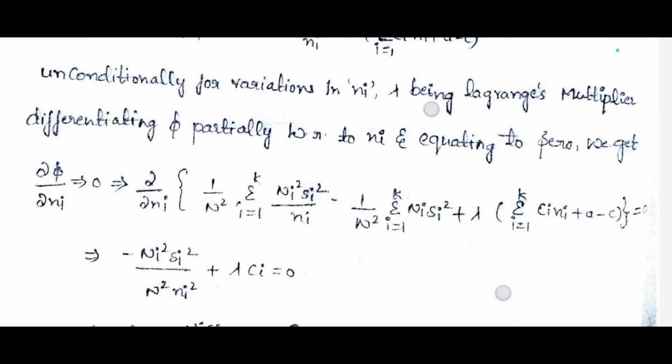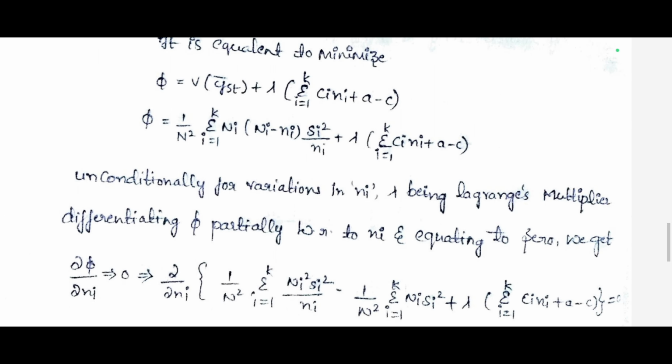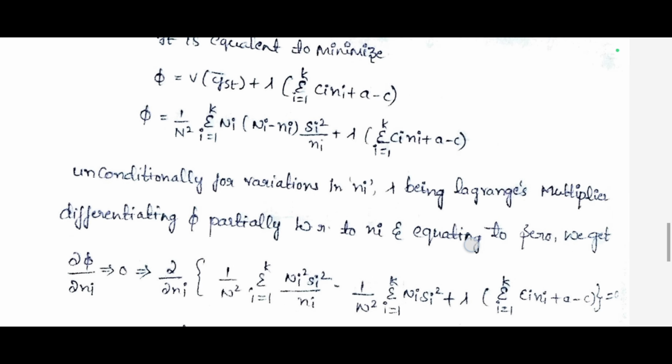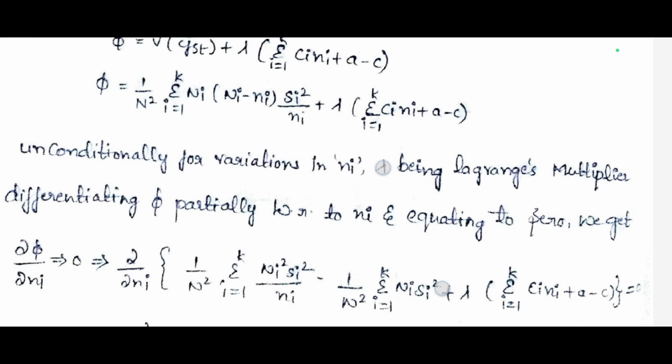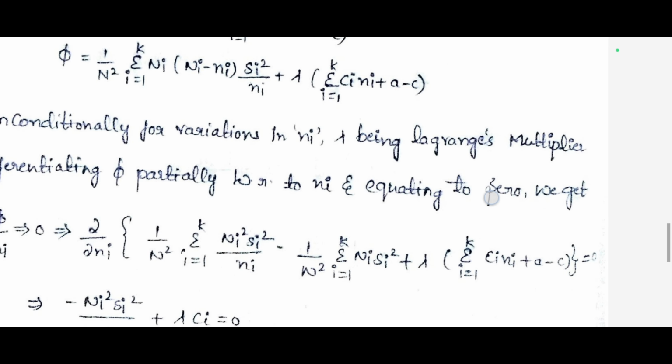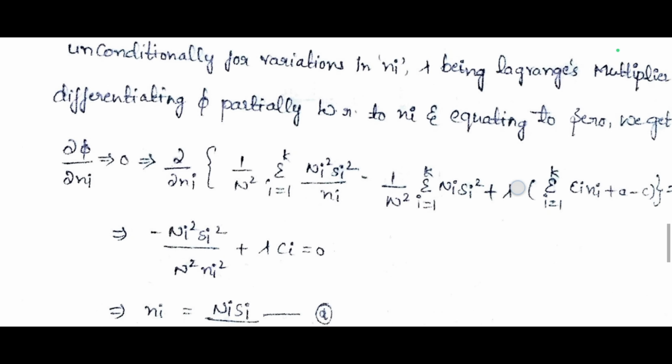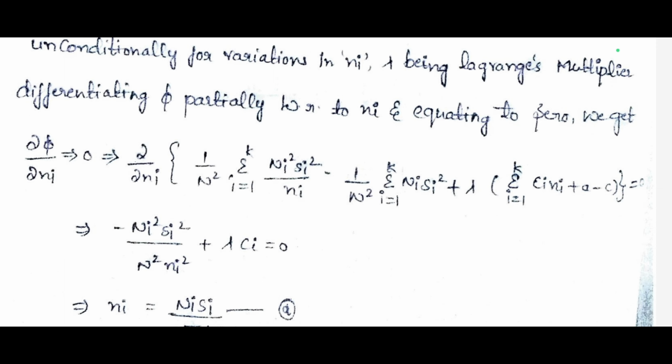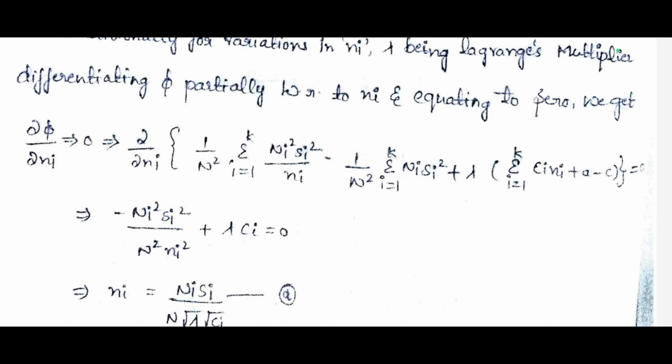If you see each term, then 1 by N square will be constant, and N square S square divided by ni is the variable term, and if we multiply each term by 1 by N square, the lambda term will be the same. If you do partial differentiation with respect to ni and equate to 0, then you will get minus Ni square Si square divided by n into ni square, plus Ci into lambda. Okay, here the C is the extra term.